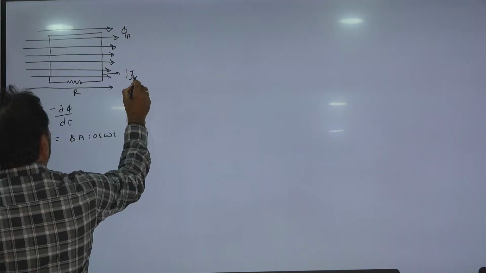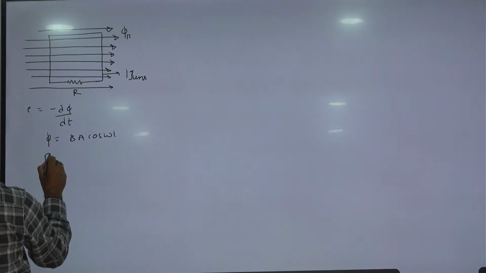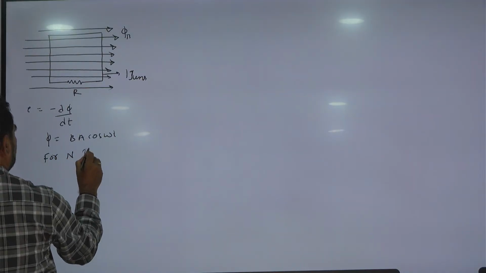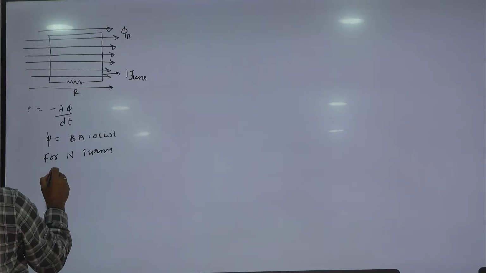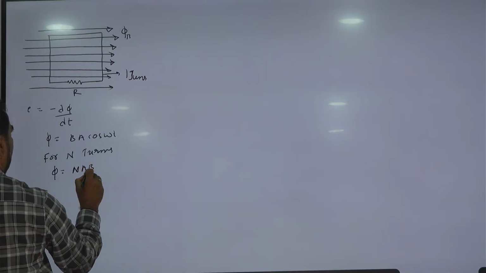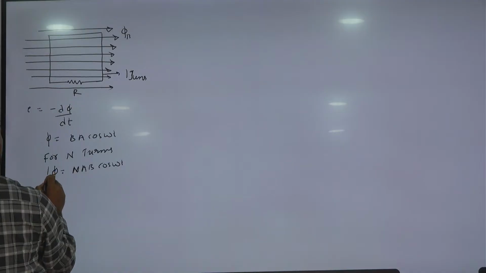For n number of turns, phi is equal to NAB cos omega t.